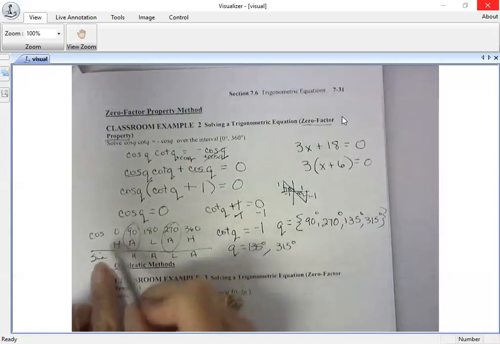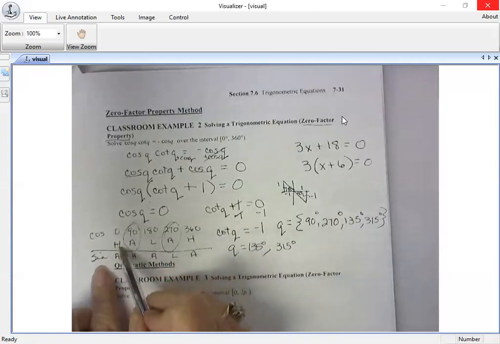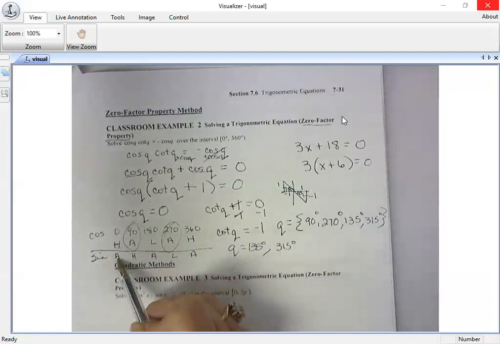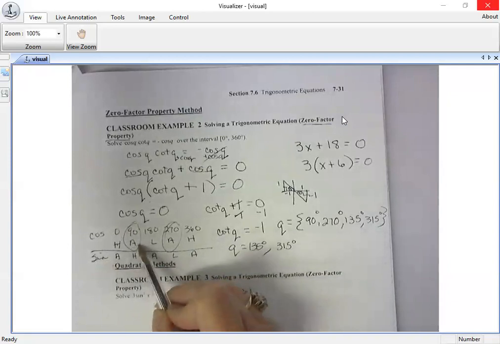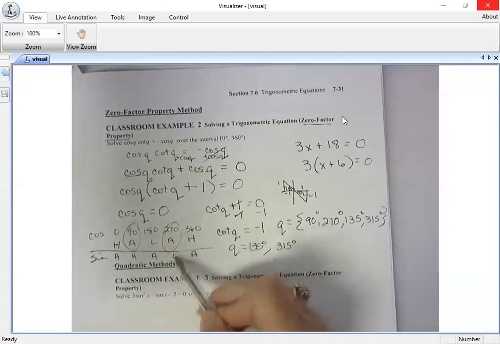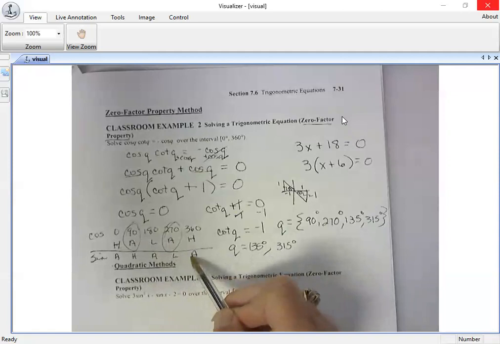So if this is high, that's got to be a +1, but an axis is 0. So that one wouldn't work. This one would be 0 over 1, so that's going to be 0. In fact, all of these are either going to be 0 or undefined.